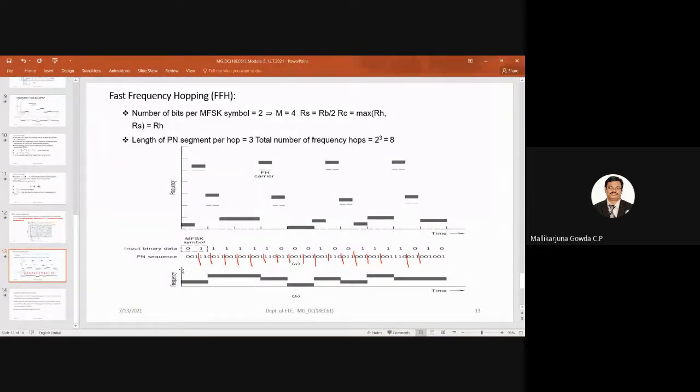For symbol 0, 1, the PN sequence is 0, 0, 1. Similarly, for the next symbol 1, 1, the PN sequence is 1, 1, 0. Please note down this one. Then I would have made an underline of this data also. Next, again, my symbol is 1, 1, and for that, the PN sequence is 0, 1, 1. You should be able to interpret this properly.